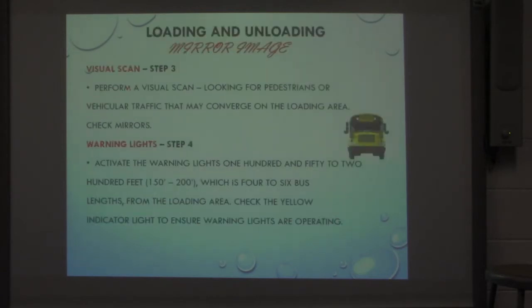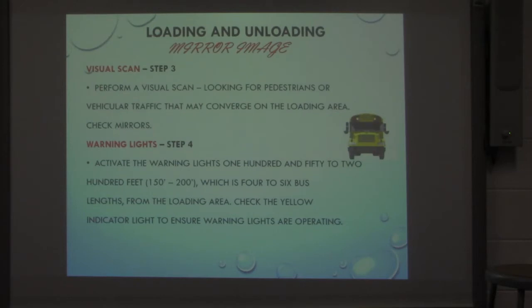Visual scan. Now you've already started looking for your kids. You've tapped your brakes. Now you're going to do a visual scan looking for where your kids are. You're still checking the cars, and you're checking on any vehicles that may come around into your loading area. So when you see vehicles and you've got your yellow lights on, maybe they don't see your yellow lights.